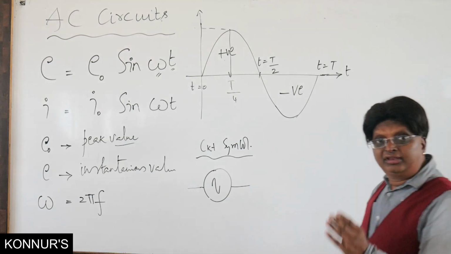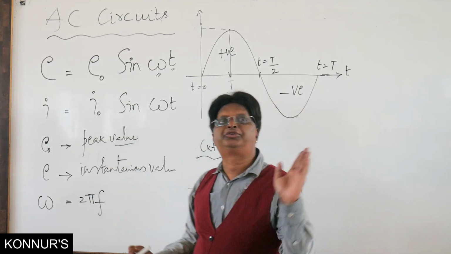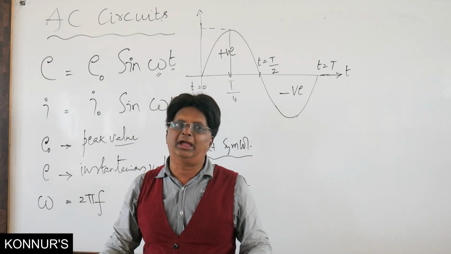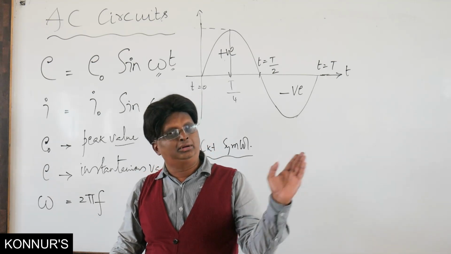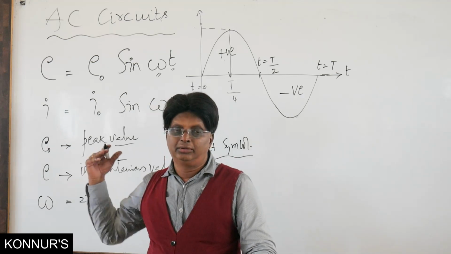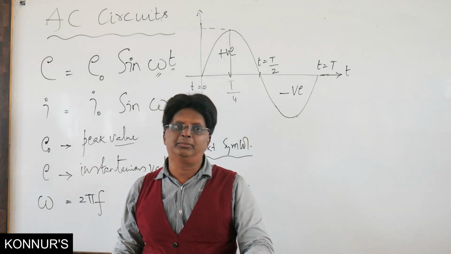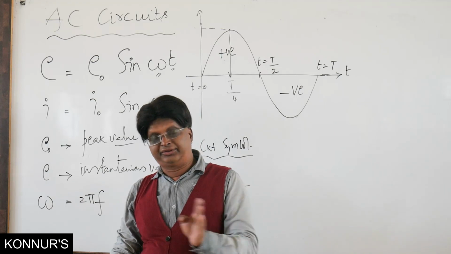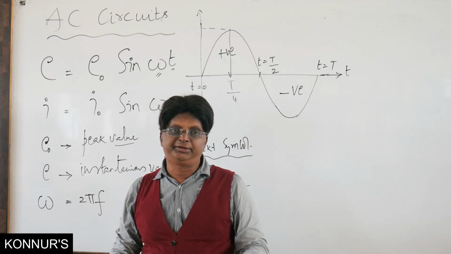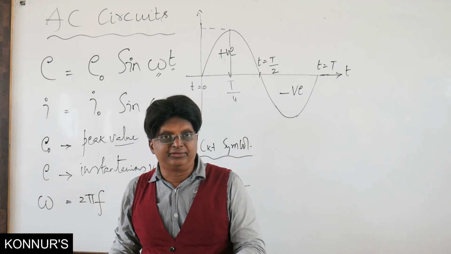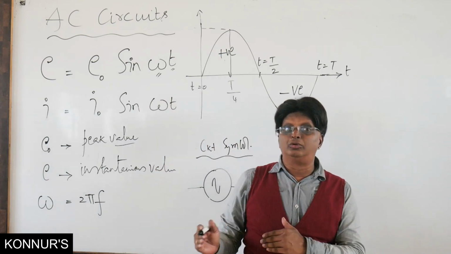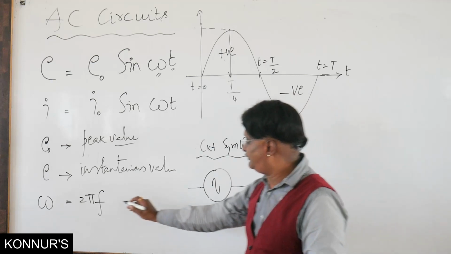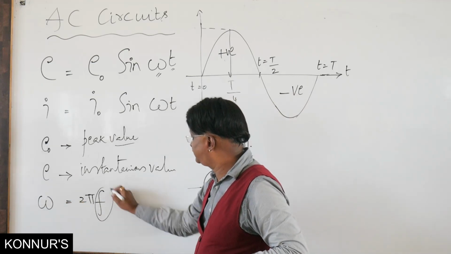Now generally when we speak about our household supplies, which we call line voltages, do remember all the power generation is based on the principle of coil rotation in a magnetic field, and therefore the supply that is generated is completely AC: AC currents and AC voltages only, right? And for this line voltage, F refers to the frequency of AC.